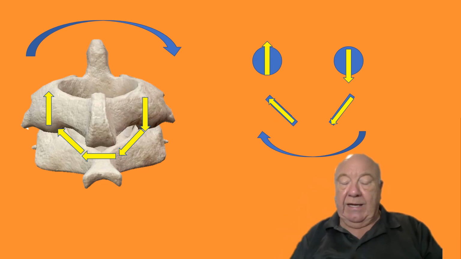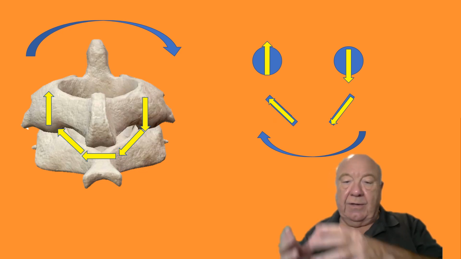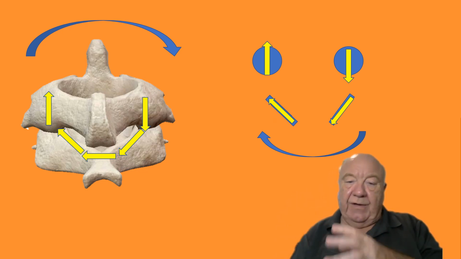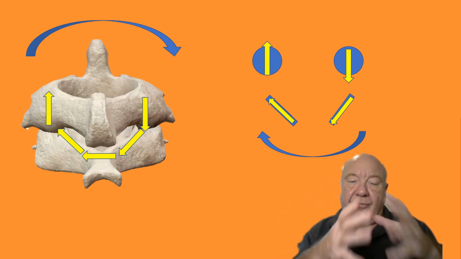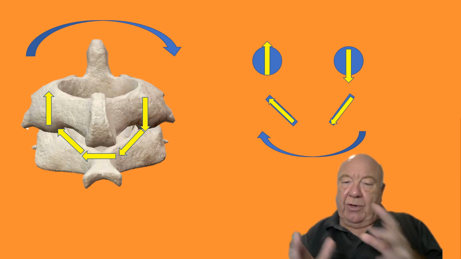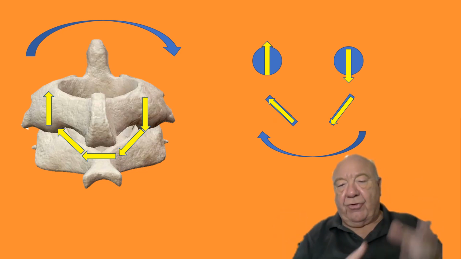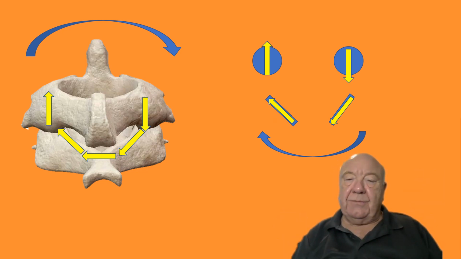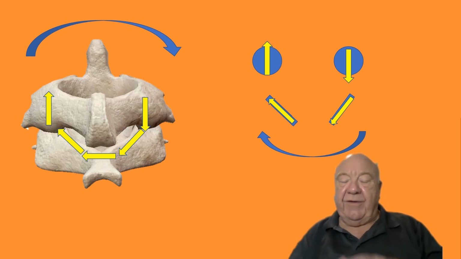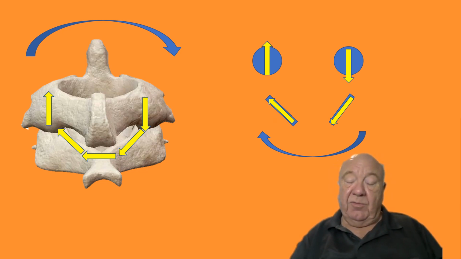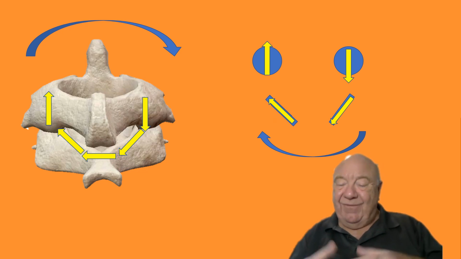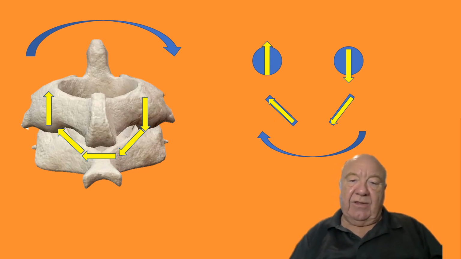So again, we have an inferior vector, an inferomedial vector, a superolateral vector, and a superior vector, and the resultant of all this is that left translational composite glide for all of the joints, and that's what you're testing when you're doing these PPIVMs of side flexion, translation, flexion, and extension. You're assessing the translation, flexion, and extension.